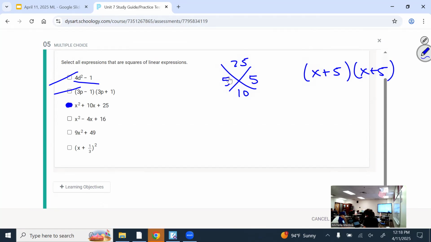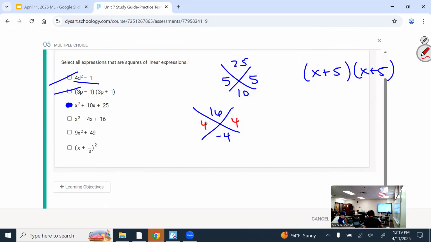What about this one? Is this a square of a linear expression? Let's check it by factoring. What's the square root of 16? So it'd have to be 4 times 4. Is there any way that I could manipulate the signs to make it add to a -4?